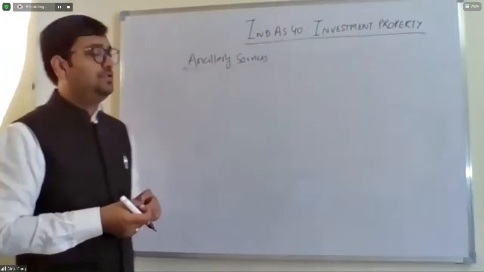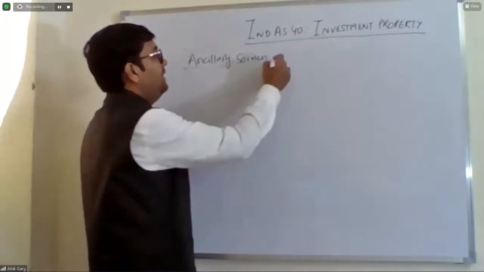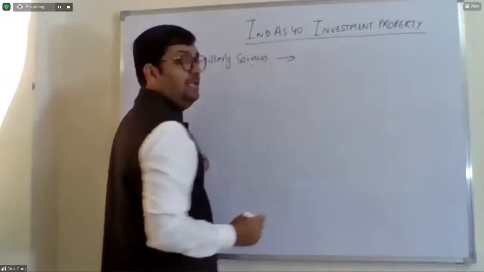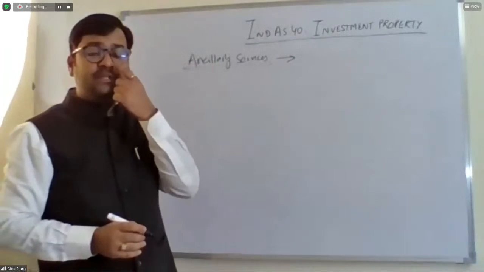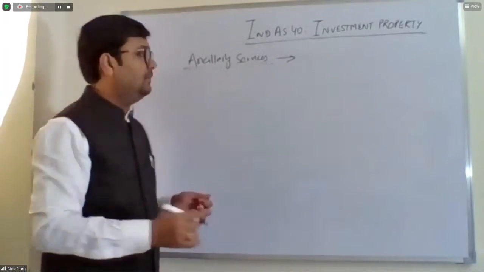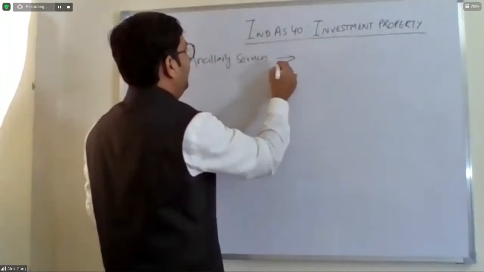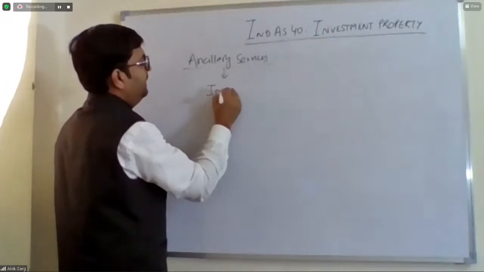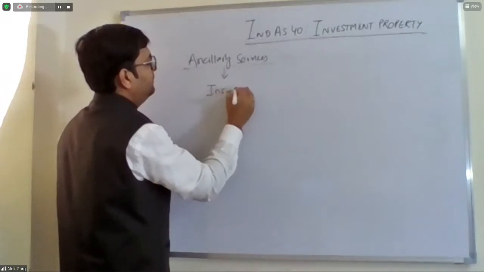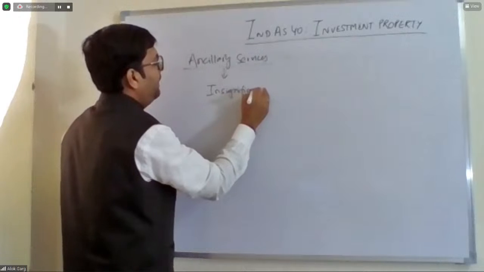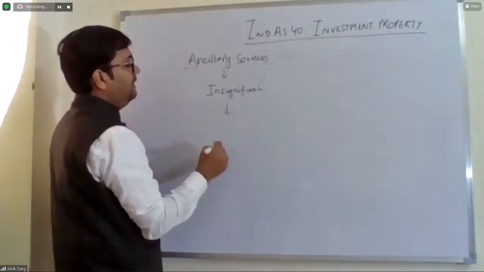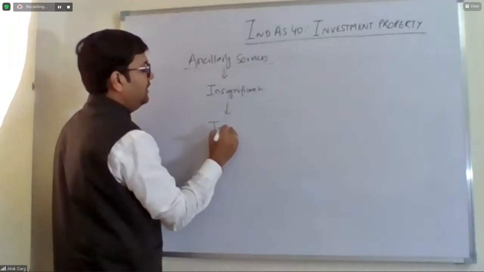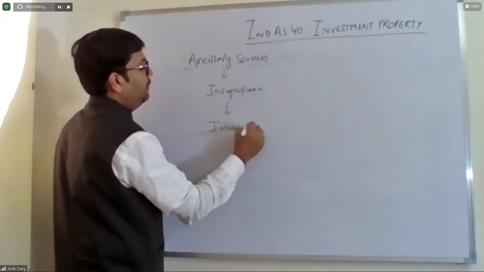So if management is providing ancillary services in addition to giving the area on a rental basis, then what will happen? The standard says that if the portion of ancillary services is insignificant, then the entire property has to be shown as an investment property.